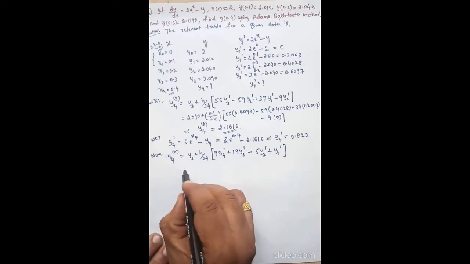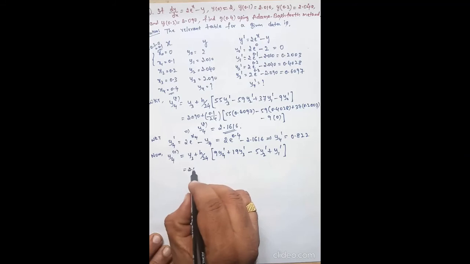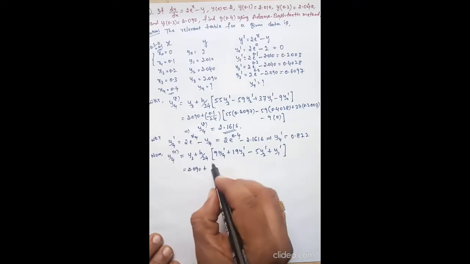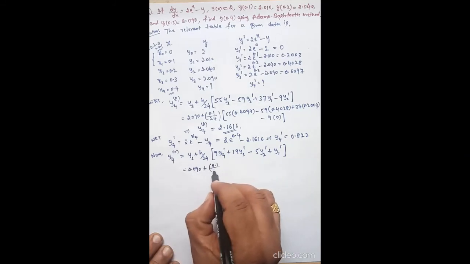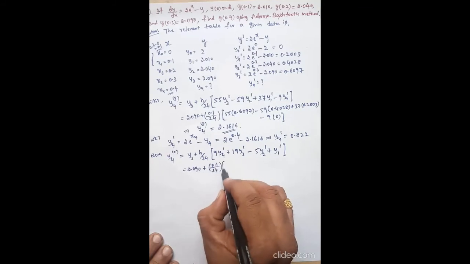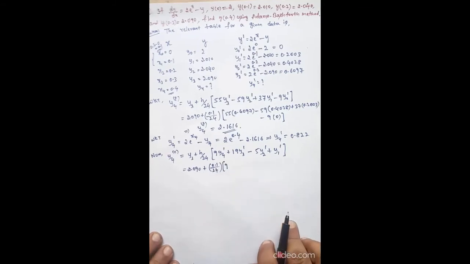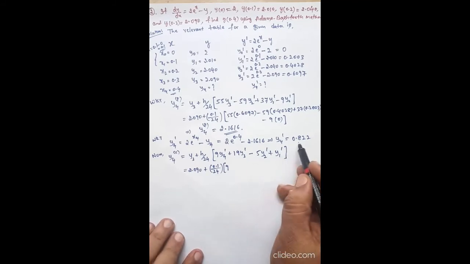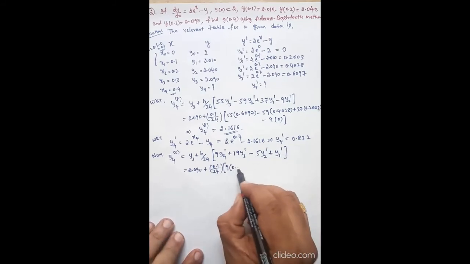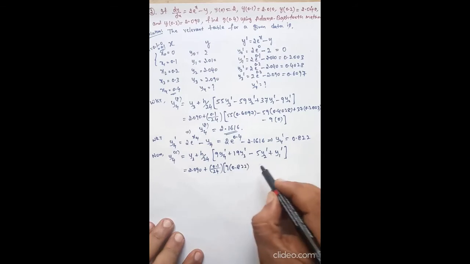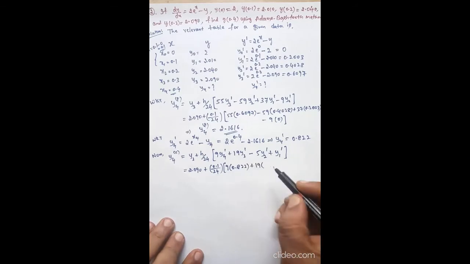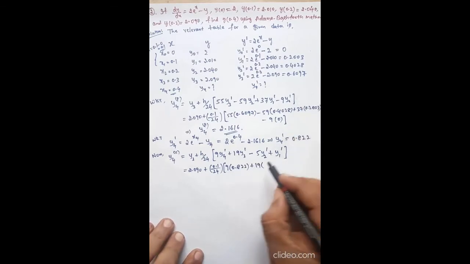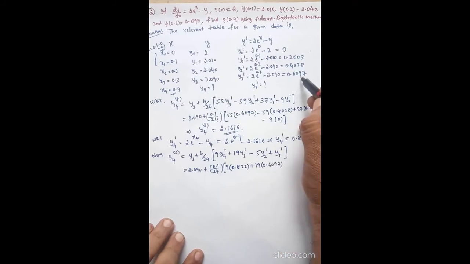So substitute the values. Y3, it is 2.090 plus h is 0.1 by 24 into 9 y4 dash. So what is y4 dash here? We have already calculated. It is 0.822 plus 19 y3 dash. So y3 dash is 0.6097. You can see from the table.